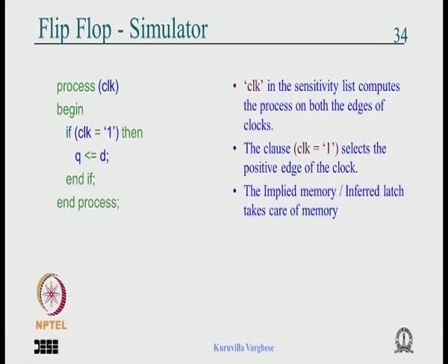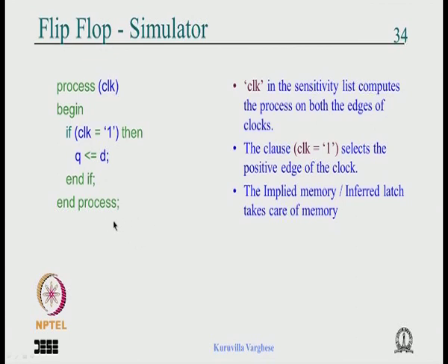Now the question is, we have told that the sensitivity list is a business for the simulator, because in real time it simulates the behavior. Okay, it has to simulate, so it has to worry about the events happening, concurrency and things like that.